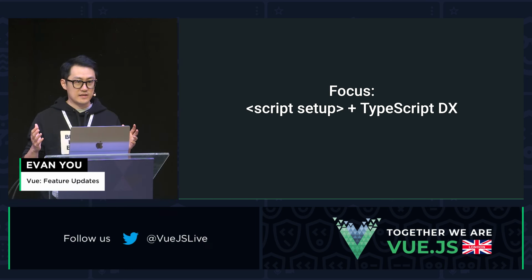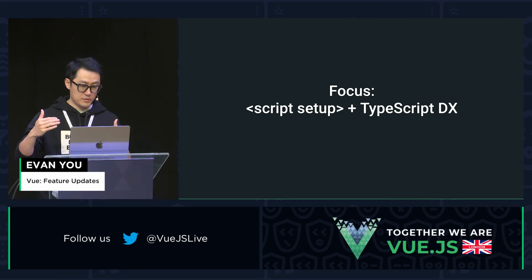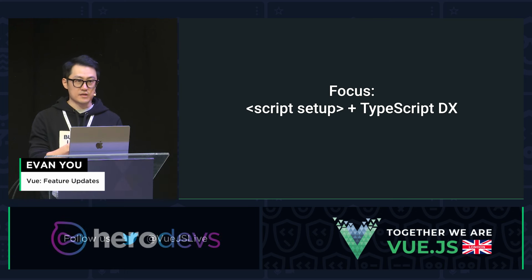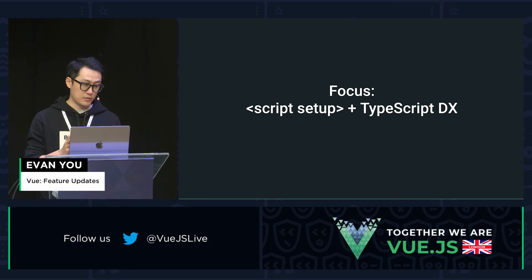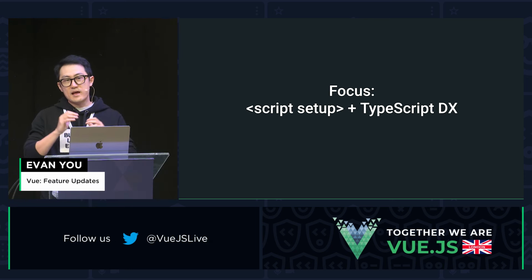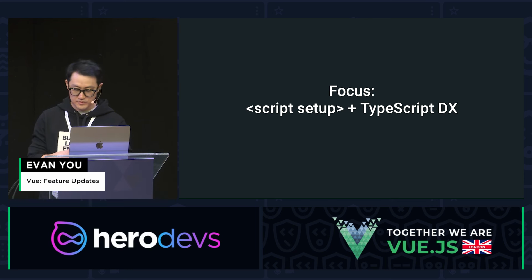And in situations like that, when you have large projects, big teams, a lot of people working together with varying level of experience, having a type system and having good development experience with TypeScript is going to help you a lot with the cross-team productivity and long-term maintainability of your applications. So we believe this is a really important thing that we want to really nail. And there has historically been a few pain points in Vue when you're using Vue with TypeScript, which we believe we have largely resolved in this release.